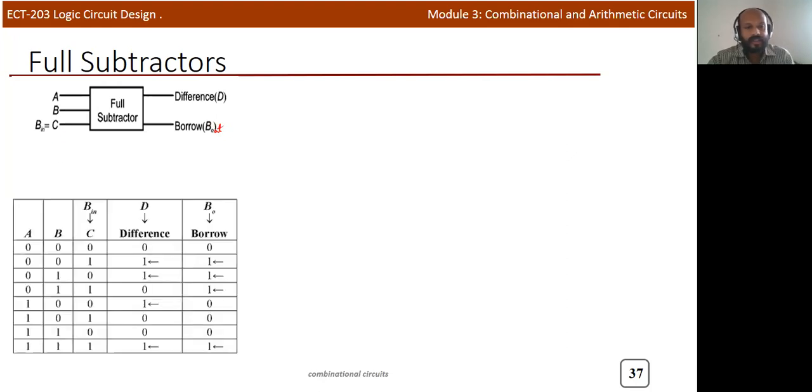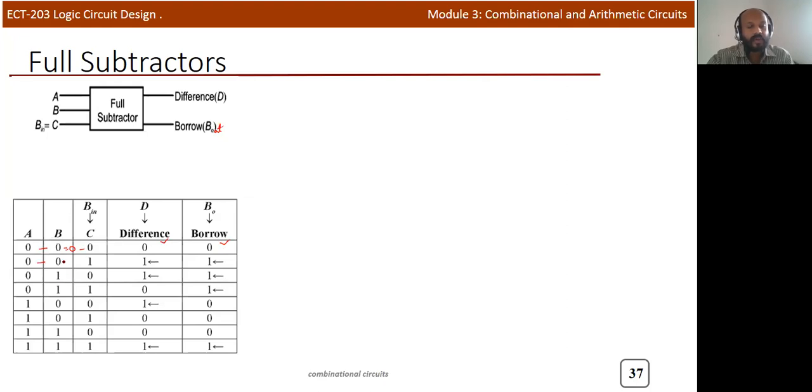Now we can consider the truth table of this full subtractor circuit. This we also discussed in module 1, the full subtraction operation. There are three variables A, B, C. First we need to perform A minus B. If you perform 0 minus 0, you will get 0, so difference will be 0, borrow will be 0.